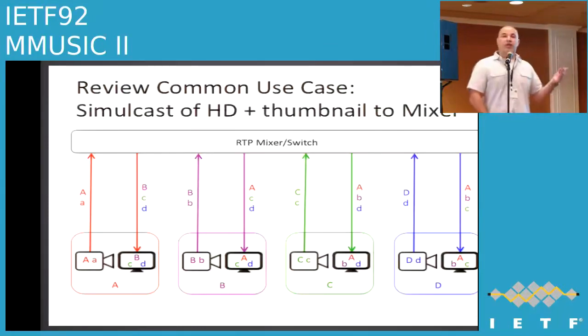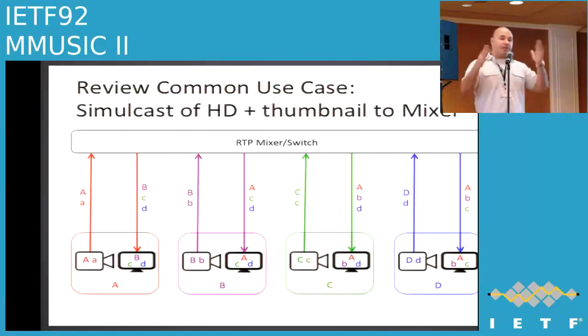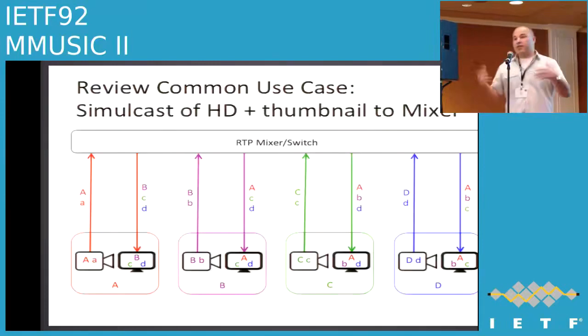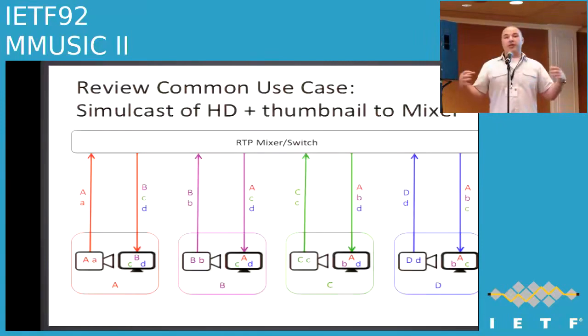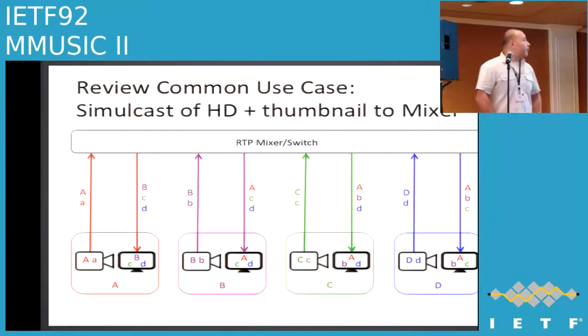You could imagine if you have several participants and they want more than just the active speaker to be switched in, if they also potentially want a thumbnail strip at the bottom of the screen, then in order to achieve that, each participant can simulcast both a high definition resolution and a thumbnail resolution up to the mixer. So those are all the up arrows, big A, HD, little a, thumbnails. And then the mixer can flexibly decide which high def stream should go to which user and which collection of low def streams can go to the other users.